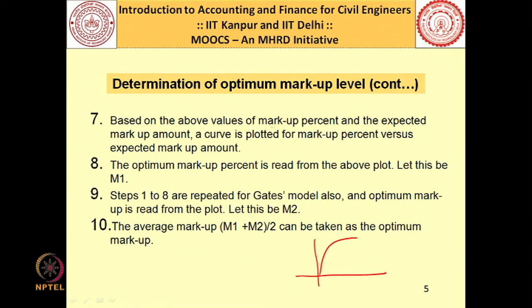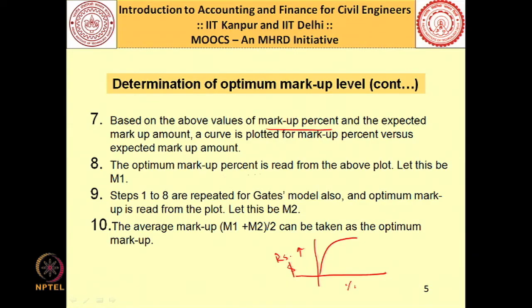One is your markup percentage. So, on this axis you have markup percentage 1%, 2%, 3%, n% and so on, and on this axis you will have expected markup amount.